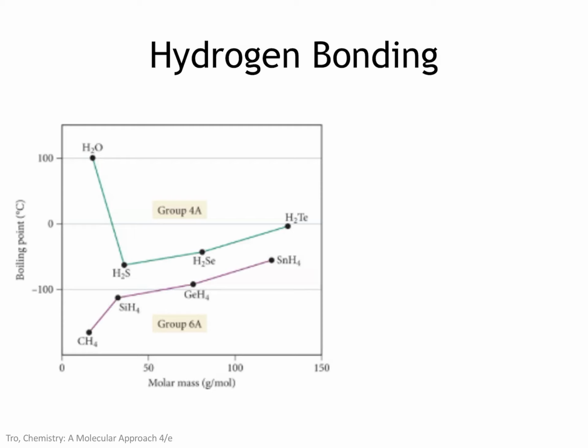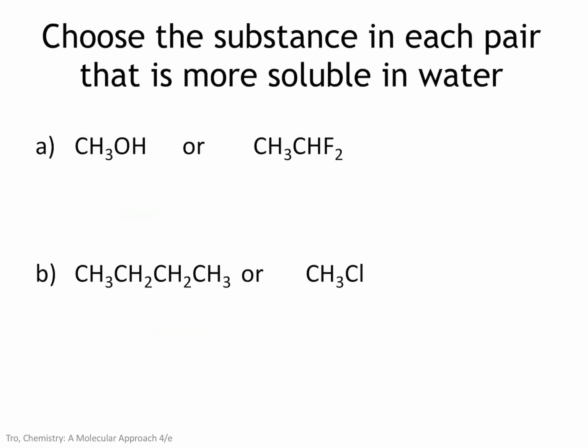So now we are on to another example. Let's choose the substance in each pair that is the most soluble in water. So come back to thinking like dissolves like. So CH3OH, methanol. Is that polar or non-polar?